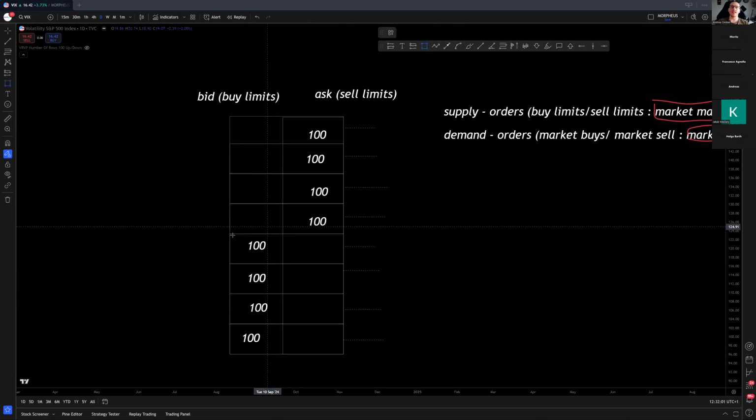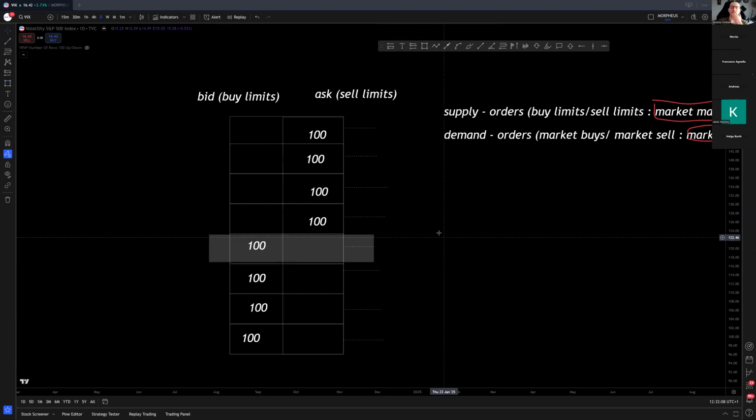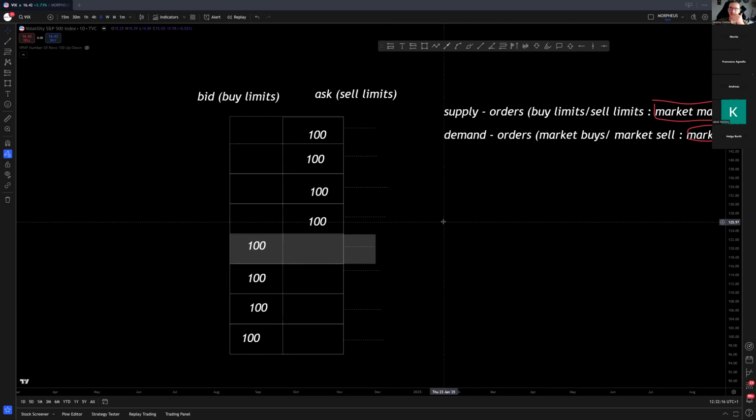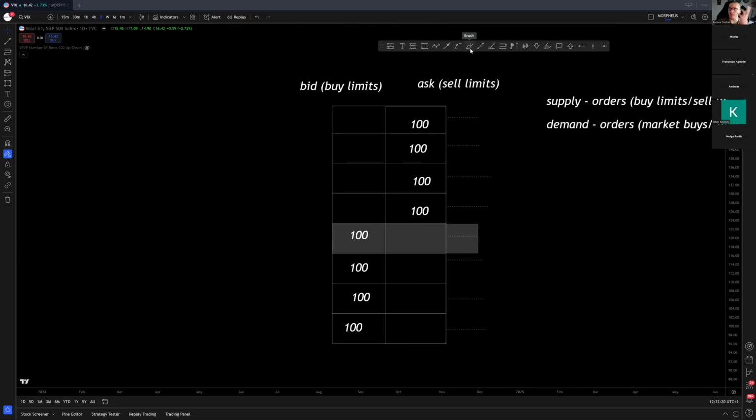So let's say this is the last price. This is the current price, let's say, okay? Which means this is the last tick where at least one contract was executed, was traded. So we don't have a way to see aggressive participants before they buy or sell something.